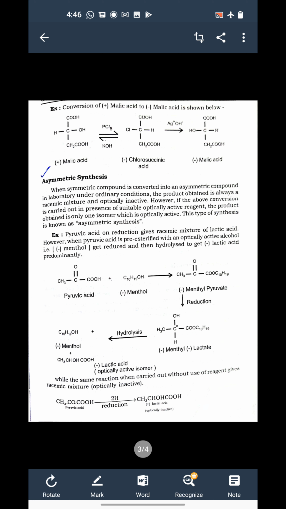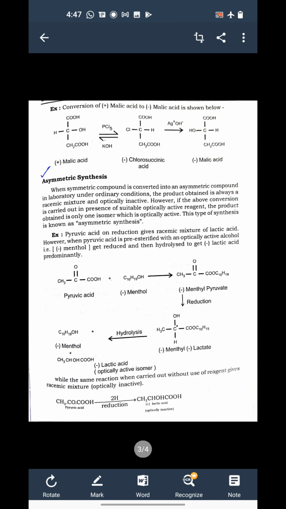But when we try to do these things in the laboratory under general conditions, the product obtained is always a racemic mixture. Even though we can convert the symmetric carbon into an asymmetric carbon in the laboratory under general conditions, the product, even though having an asymmetric carbon atom, will be a racemic mixture, means our purpose is not solved there. We only get a racemic mixture which is optically inactive.